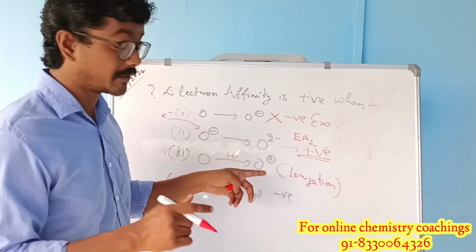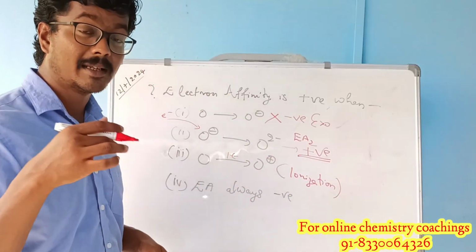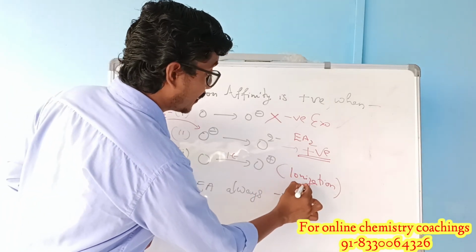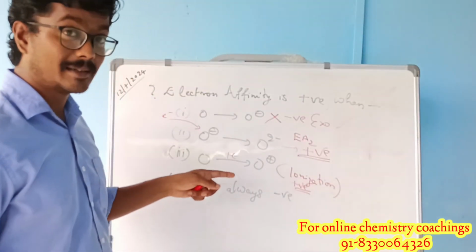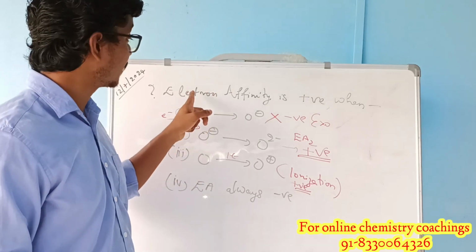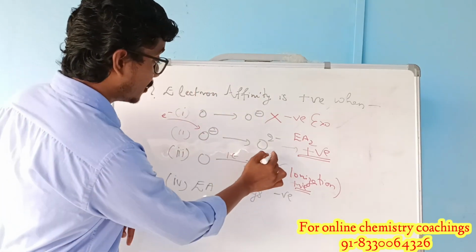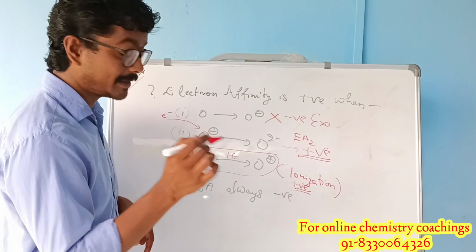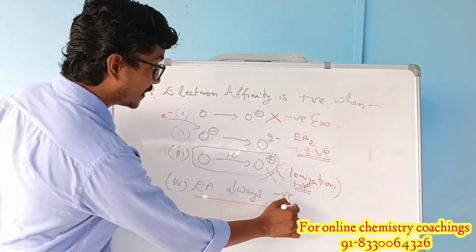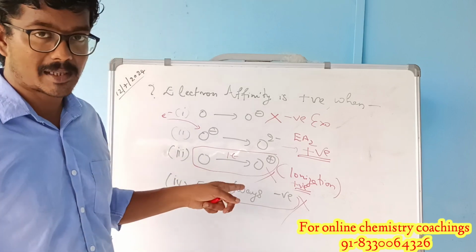For ionization energy we have to give energy, so it is endothermic, positive. But the question asks about electron affinity. This is not a case of electron affinity, so this is also wrong. This is ionization.